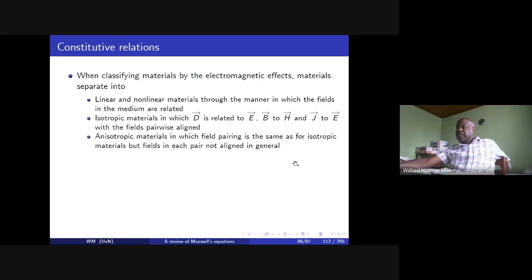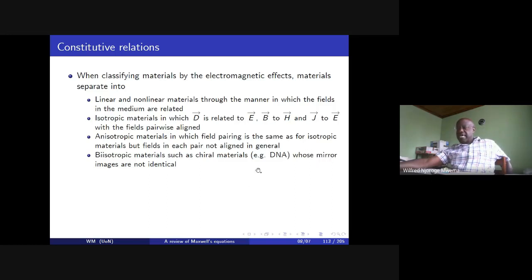And in such cases, the constitutive parameters, as we said before, are going to be represented by what we call a tensor. Bi-isotropic materials include chiral materials. By chiral, we mean right or left-handedness. One of the most important for us would be DNA, especially for those of us who choose to follow a career in medical engineering, biomedical engineering. You may have to deal with DNA that has a bi-isotropic kind of property.